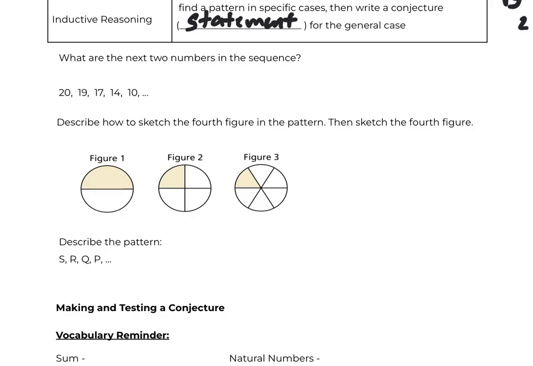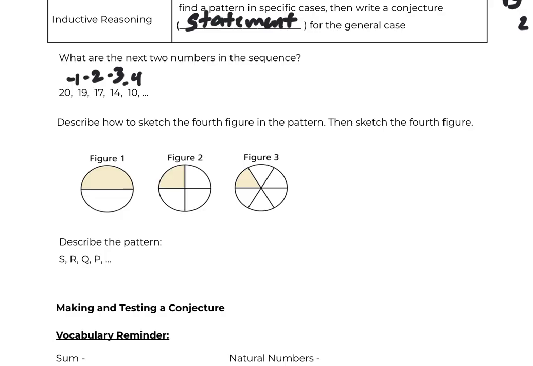And so the first thing that we would look at here, to go from 20 to 19, we go down 1. To go from 19 to 17, we go down 2. And then we go down 3. And then we go down 4. Okay, is there a pattern forming? Yeah, okay.